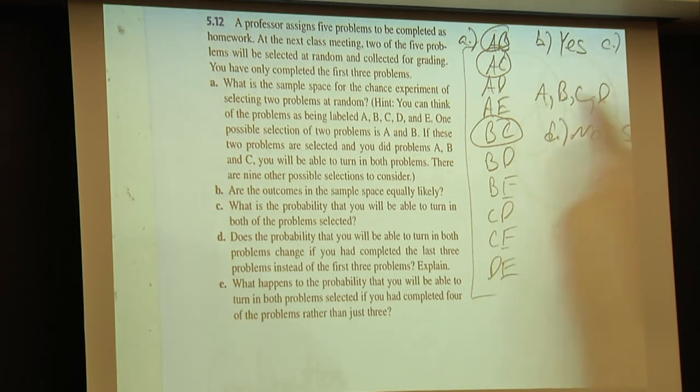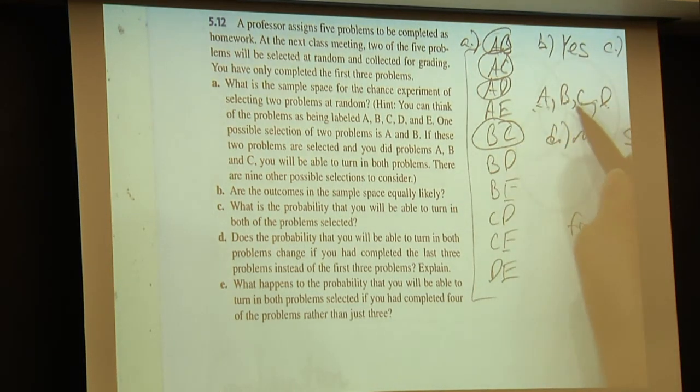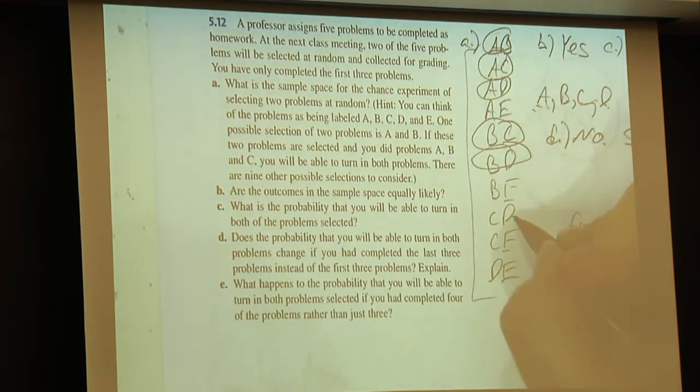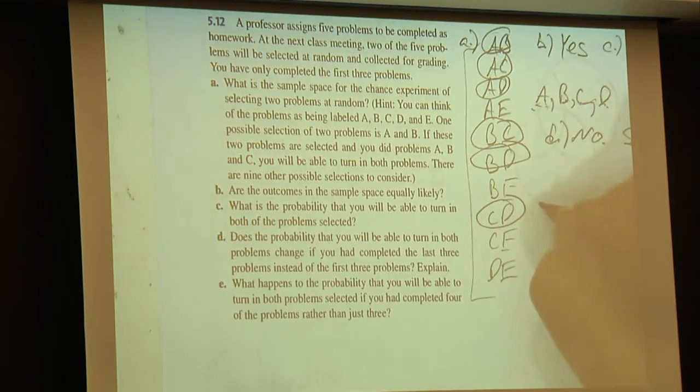Now we could also have done AD. That one's good. What else? BD, we'd done both of those. CD, we also did both of those. 1, 2, 3, 4, 5, 6 out of 10. Crazy cool, right? So maybe it pays off to do another problem, and then you have a pretty good shot if they're only picking 2. So that's our part E answer there.